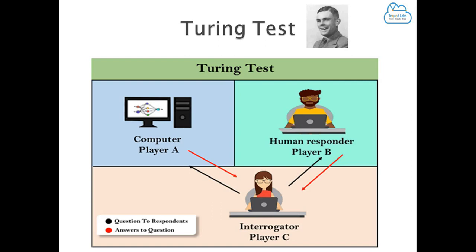Once the judge or interrogator is in the picture, he tries to play a particular game with the computer as well as the human player. If the computer plays so well that the judge is not able to differentiate who is the computer and who is the human, then that machine has successfully passed the Turing test and can be called intelligent.